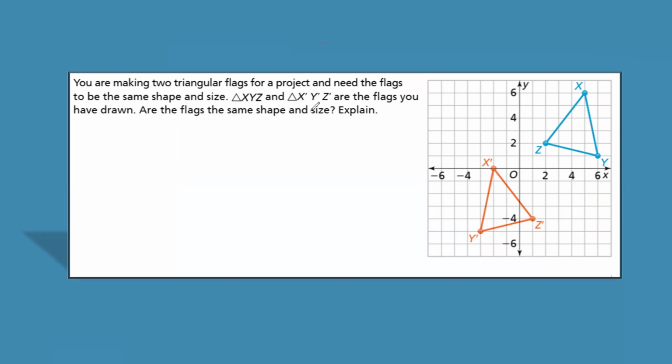Yes or no? Let's check. Here 1, 2, 3, 4 units, and here 1, 2, 3, 4 units. And the height here 1, 2, 3, 4, 5, between Y and X, 1, 2, 3, 4, 5. So yes, they are congruent.